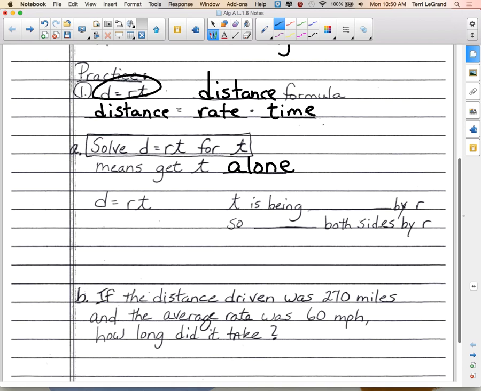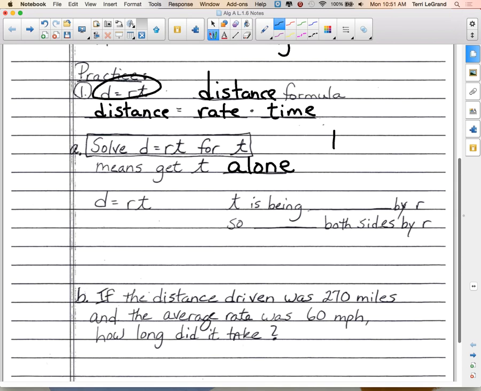So D equals RT, right now in that form, is solved for D, but we have to solve it for T instead. We're going to use the same rules we've been using, as if this had numbers in it. So let's use the Fergus Falls one over here. You don't have to put this in your notes because it probably won't make sense later when you look at it.